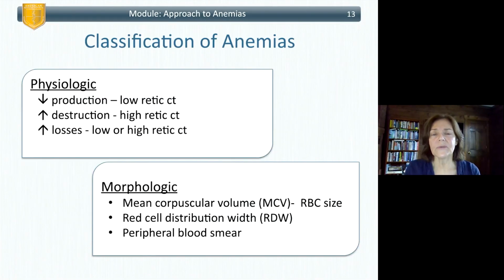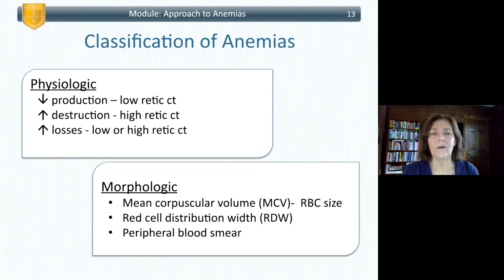As hematologists, we like to classify anemias based on some of the lab results we get, including from the complete blood count. And so we will classify anemias due to low production when we see a low reticulocyte count. We'll classify it as increased destruction when we see a high reticulocyte count.